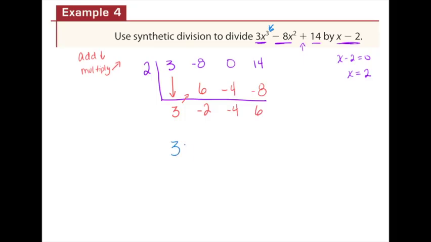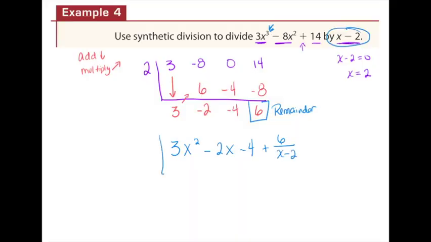So 3x squared minus 2x minus 4. This will always be my remainder. So I'm going to say plus 6 over what I was dividing by, x minus 2. And that is my answer for synthetic division.